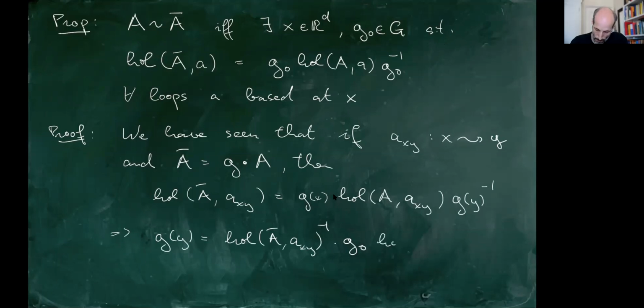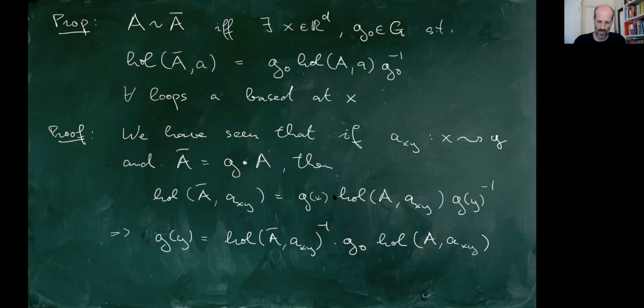And then holonomy of A along AXY, right? So if there is a G so that A bar is equal to G acting on A, then it has to be that G, right? So I have a candidate, and then all I have to do is to check that this G actually does the trick.